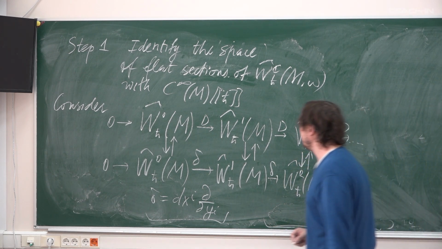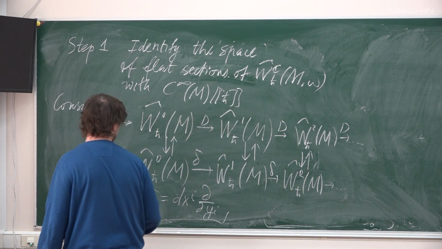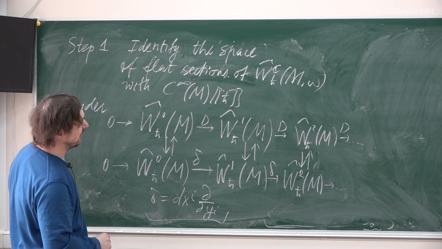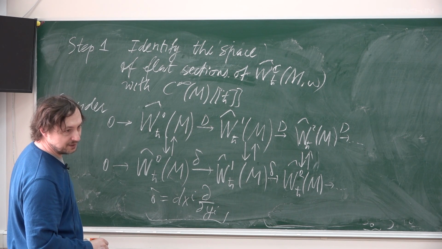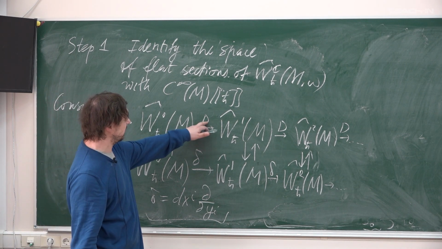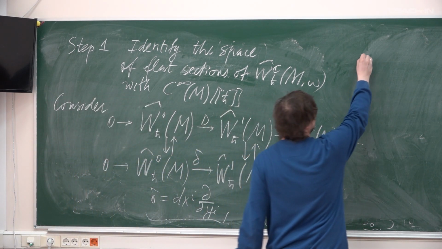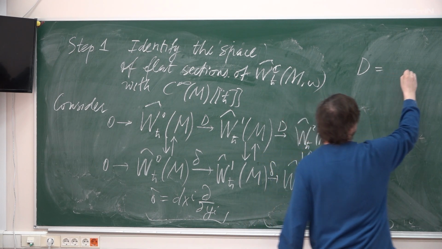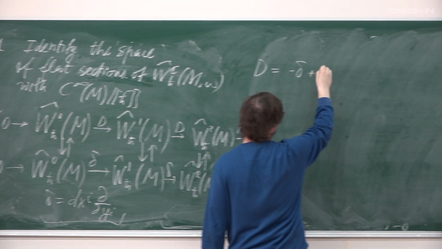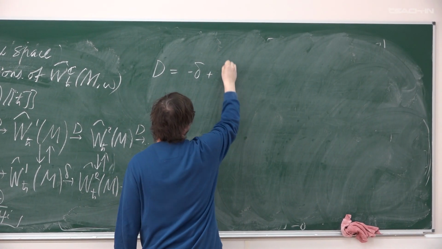However, if you're familiar with homological algebra and homological perturbation theory, then this is now, it is almost evident that the possibility to do this is almost evident, because this operator D looks like a perturbation of the operator plus or minus delta doesn't matter.